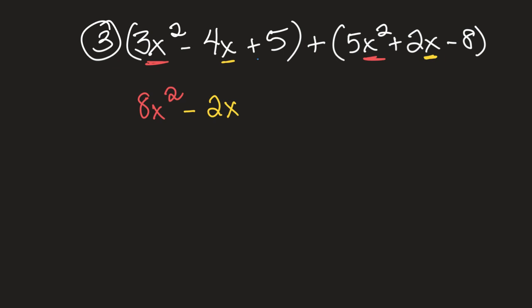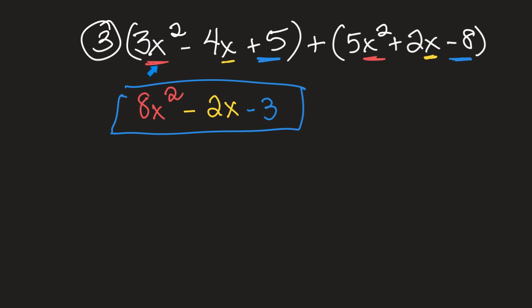Next, I'm going to go to my constants. I have a plus 5 and a minus 8. So I'm just going to take plus 5 minus 8 and combine those two terms, and I will get negative 3. So this is my final answer.